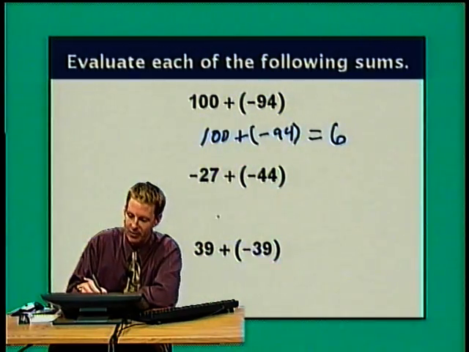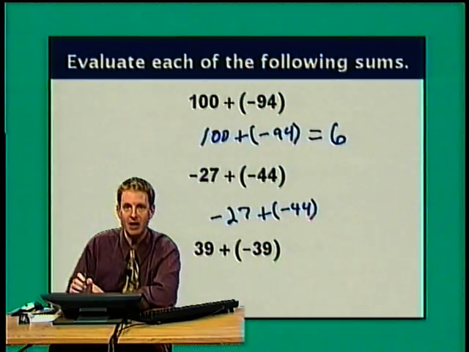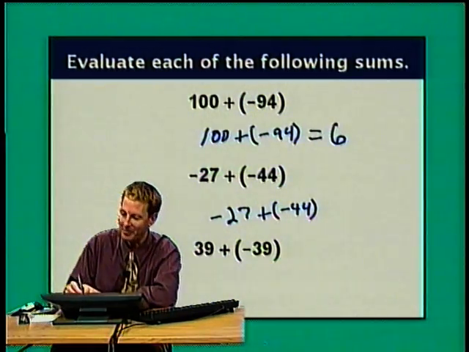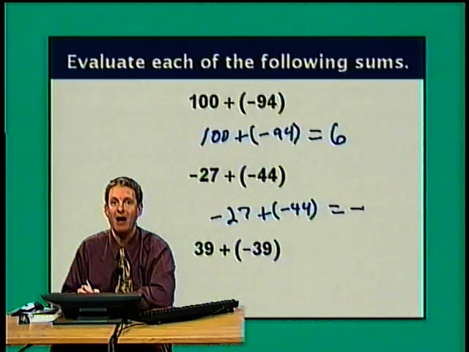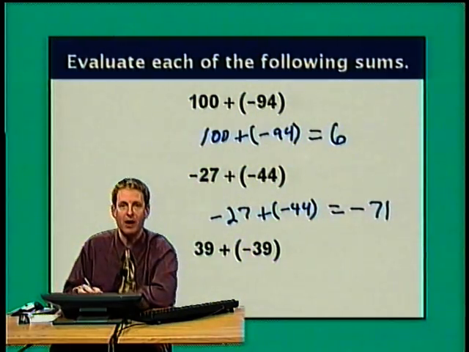In our next example, we're back to an example where the two numbers have the same sign. Both numbers are negative. When the two numbers have the same sign, that's the sign on the sum. So the sign on the sum is negative. Add the absolute values of the two numbers, 27 and 44, and we get 71. So the absolute value of the sum is 71.